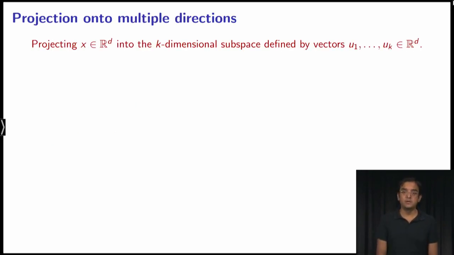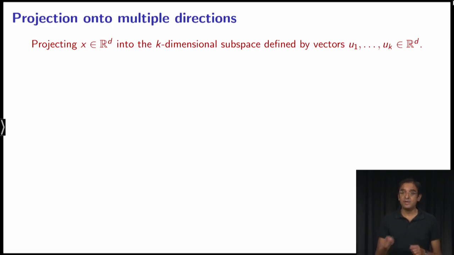Okay, so we're in a situation where we have a data set that's d-dimensional, and we wish to reduce the dimension. What we discussed last time was reducing down to one dimension by projecting onto a single direction. And we looked at an optimal solution for doing this according to a natural measure of loss. Now, generally, one dimension is not going to be enough.